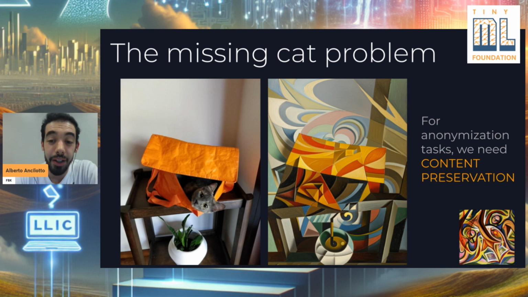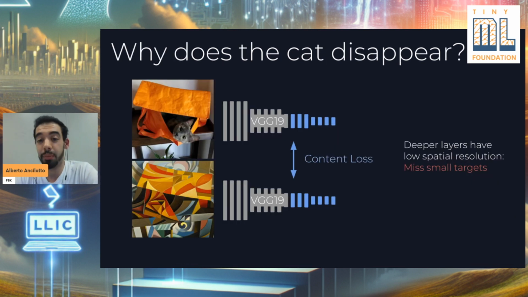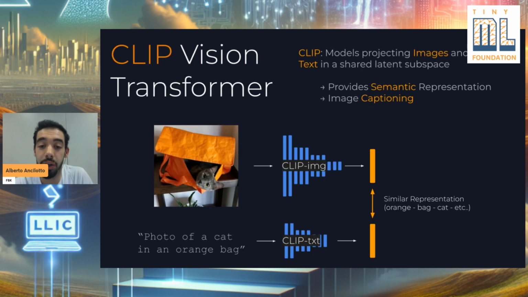So, why is this happening? The problem now is actually the content loss. The content loss, as I was telling you before, is calculated at the final layers of VGG19. But the final layers have a smaller and smaller spatial resolution, so they can actually miss some small targets. And so how can we fix this?